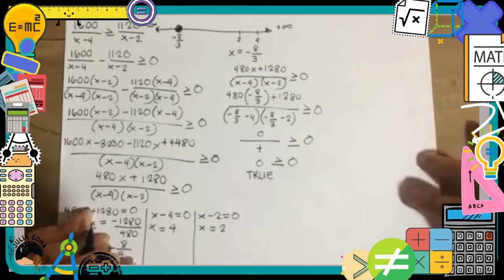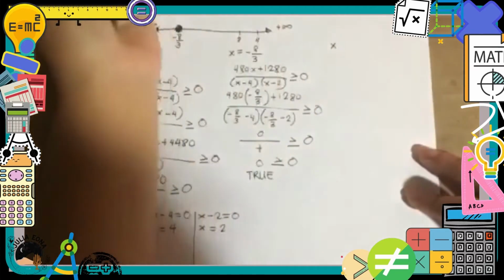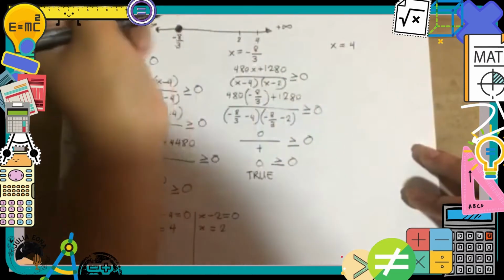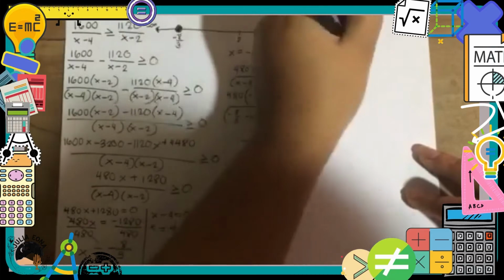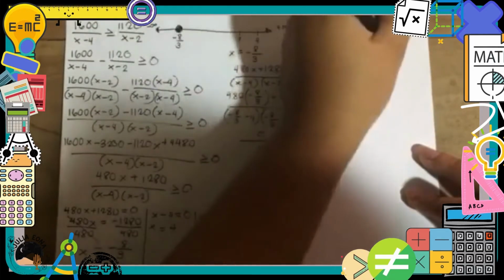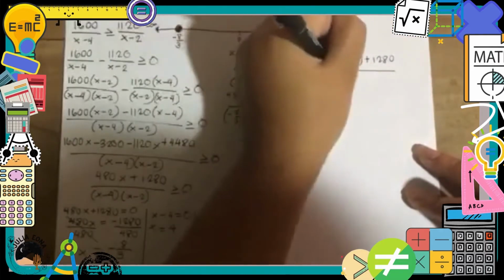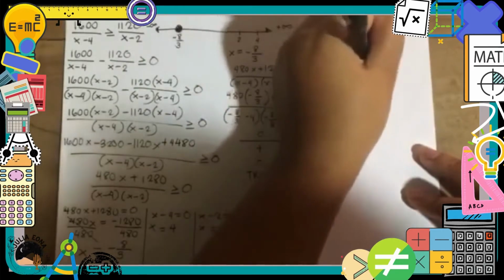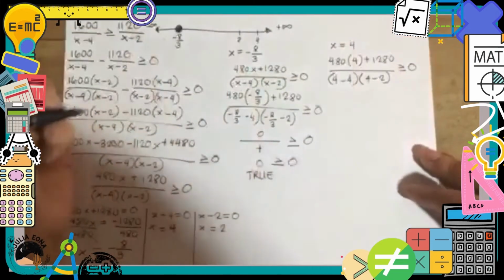Next, let's have positive 4. So x equal to 4. We're going to substitute: 4 minus 4 times 4 minus 2 greater than or equal to 0.